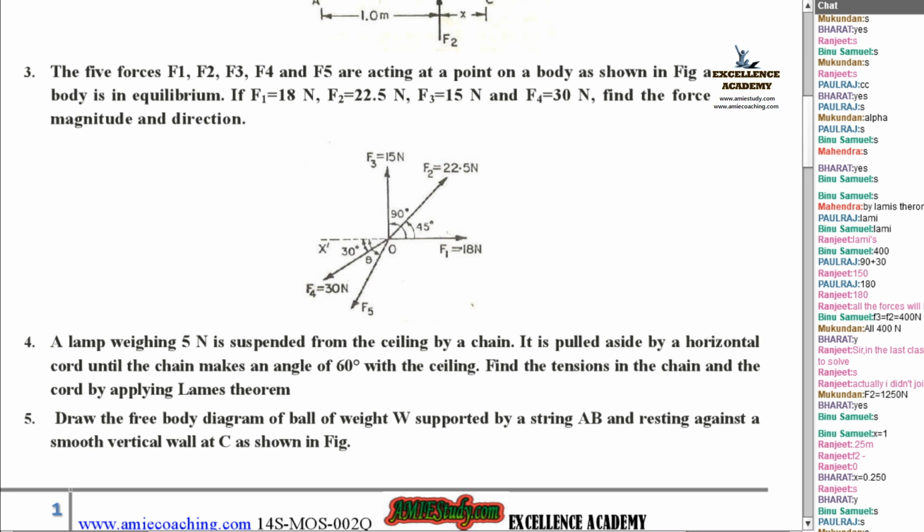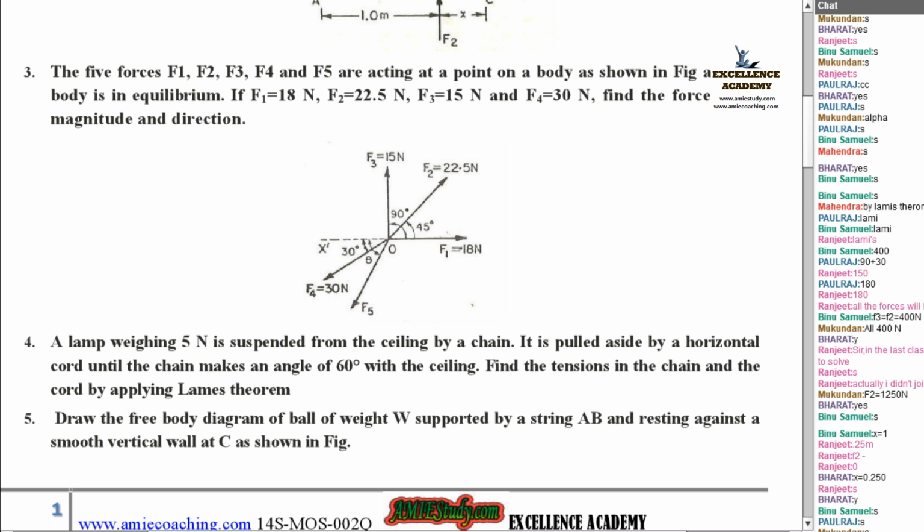Read the question. So here, how are you going to solve this problem?